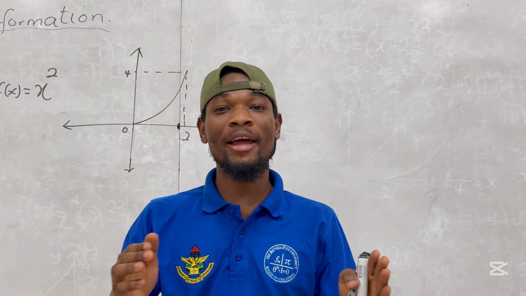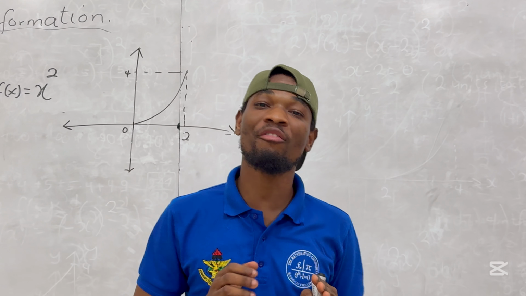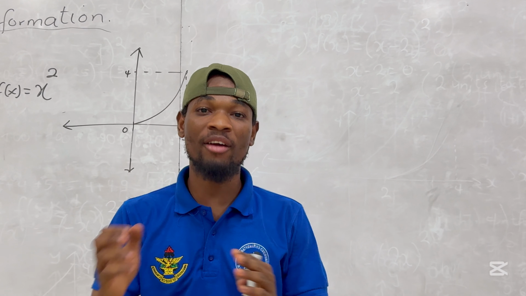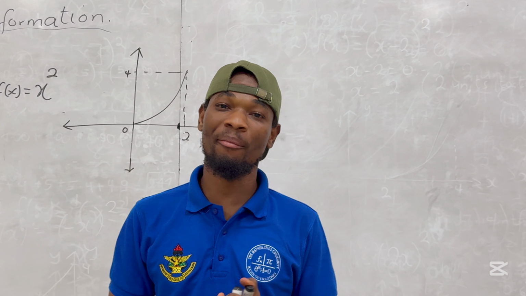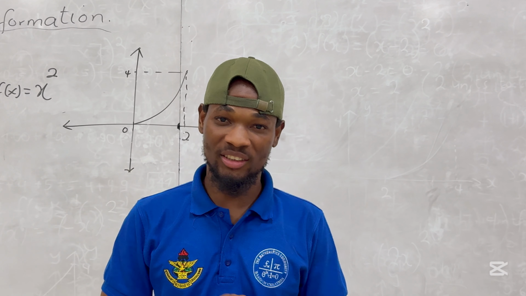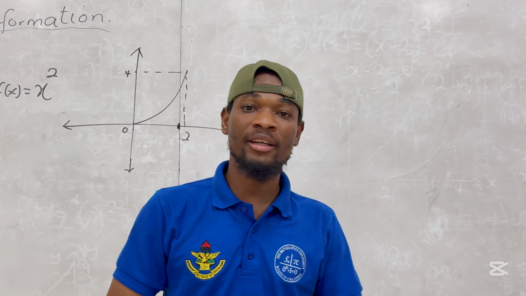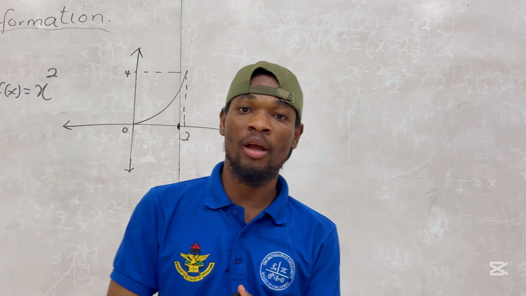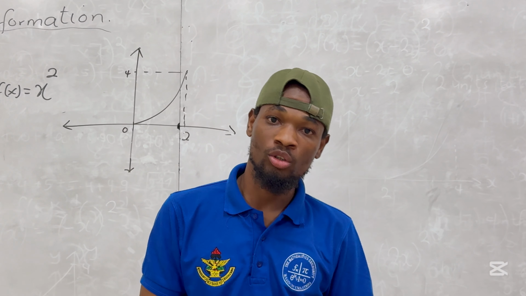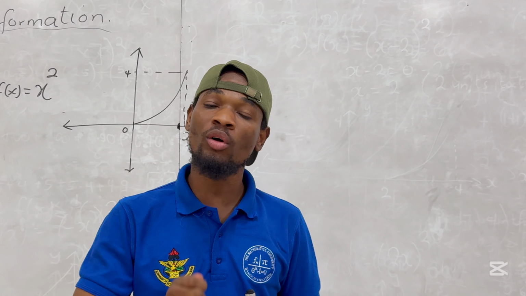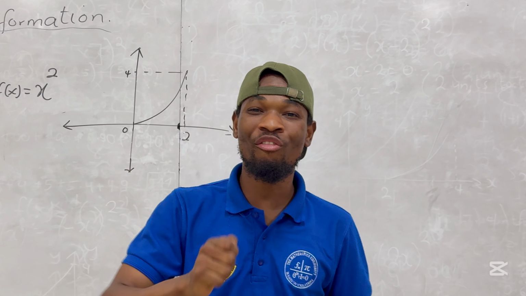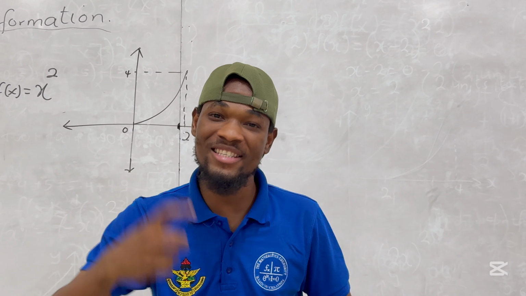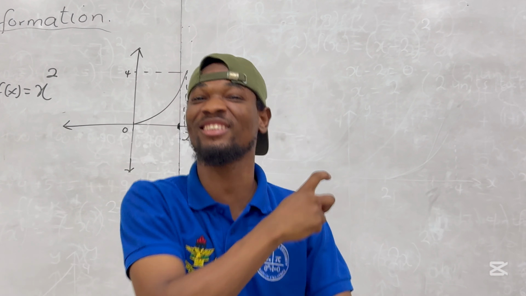I've even created a playlist where you can find all the videos under transformation of functions. We started with vertical transformation already, and we are clear on that. So today we are going to talk about horizontal transformations of functions under certain conditions.